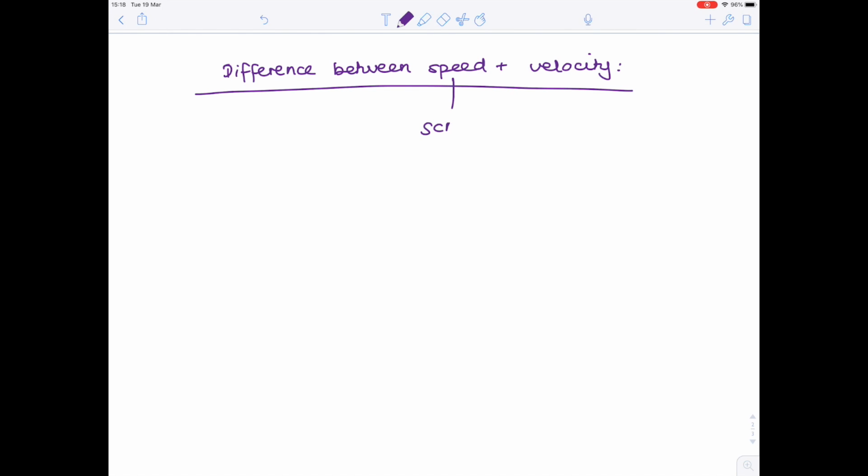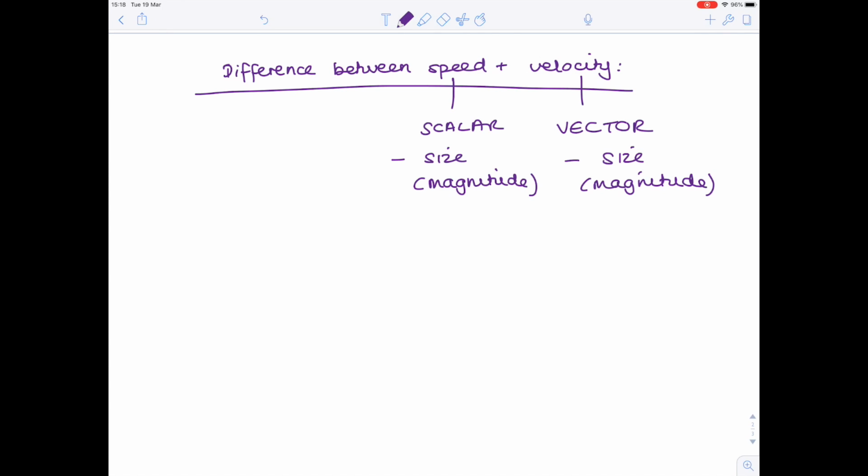So speed is a scalar quantity, velocity is a vector quantity, and a scalar quantity just has a size or a magnitude. Whereas a vector quantity has both a size, so the magnitude, and a direction, and that's key.